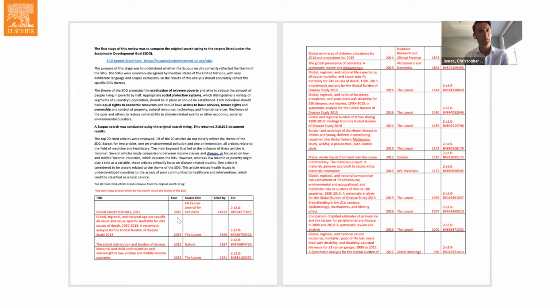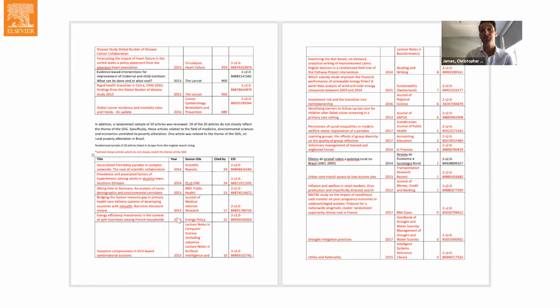The red articles did not actually work towards the goals. For example, here we're talking about plastic waste input from land into the ocean, which is not working towards no poverty. If you can go to the next slide, please.